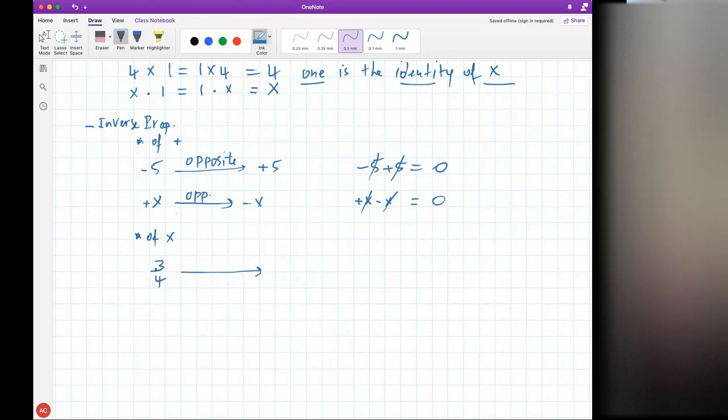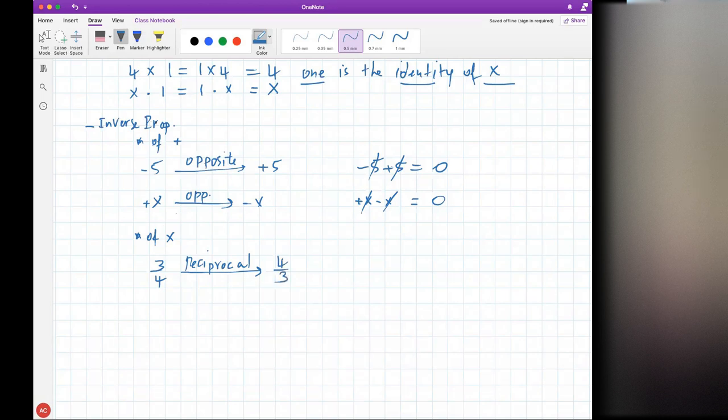Then we get not the opposite, but the reciprocal of this number. What is the reciprocal of 3/4? The reciprocal, not the opposite, of this fraction. 4/3. That's right. So when you say the reciprocal, basically we're flipping the fraction. So for 3/4, the reciprocal is 4/3.